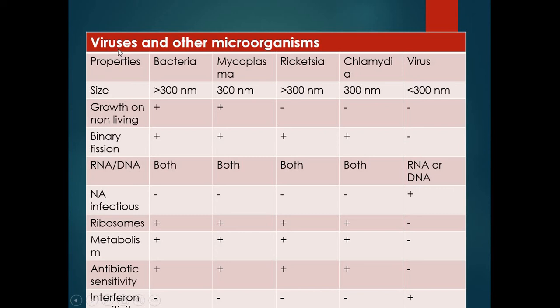And here you can see the difference between bacteria, mycoplasma, rickettsia, chlamydia and viruses. First of all, we talk about the size. Bacterial size is more than 300 nanometers, while mycoplasma is equal to 300, rickettsia more than 300 nanometers, chlamydia equal to 300, and viruses less than 300 nanometers.